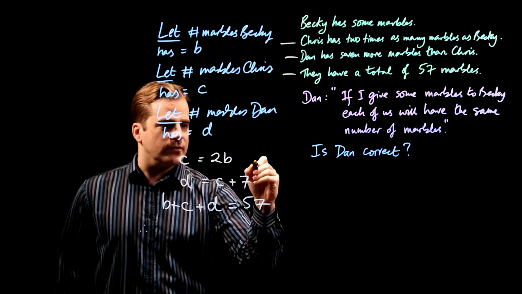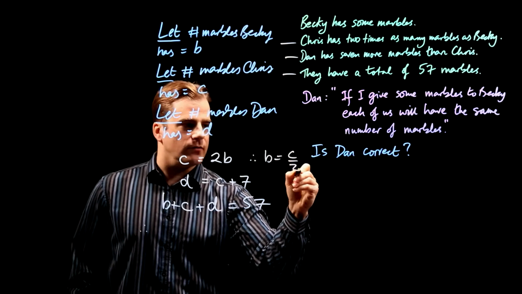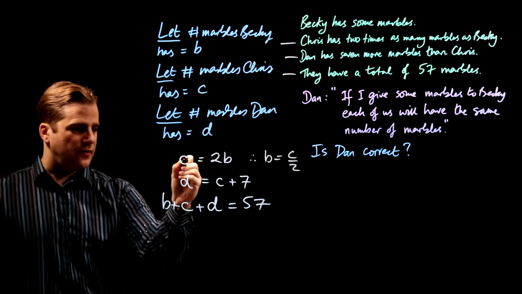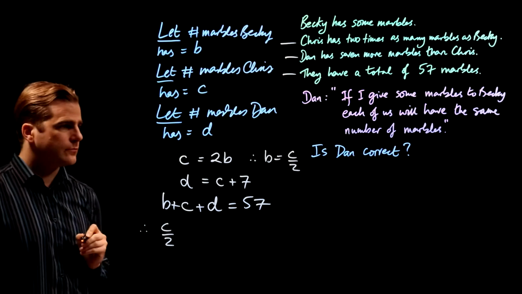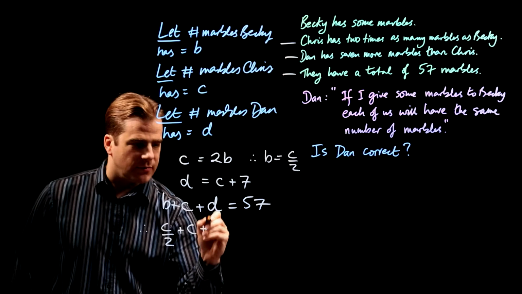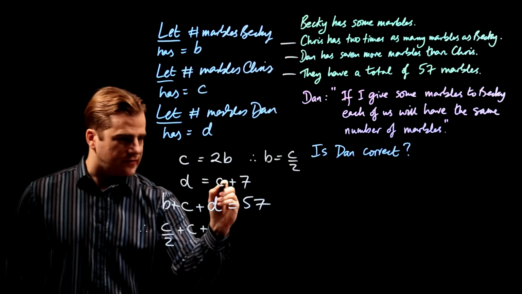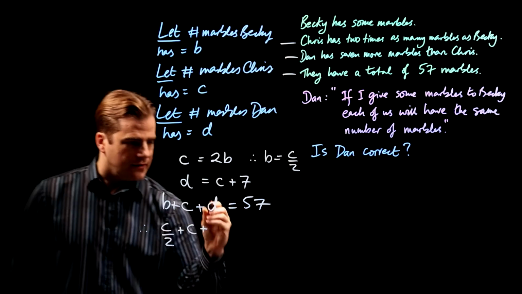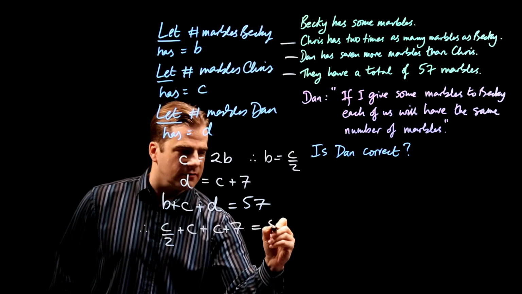Well, from this equation, B is C over 2. Okay, so we'll put that in here. So B is C over 2 plus C, leave that alone. Right, plus D. Well, don't need to do anything to that equation. We'll just sub in that. D is C plus 7. And that all equals 57.